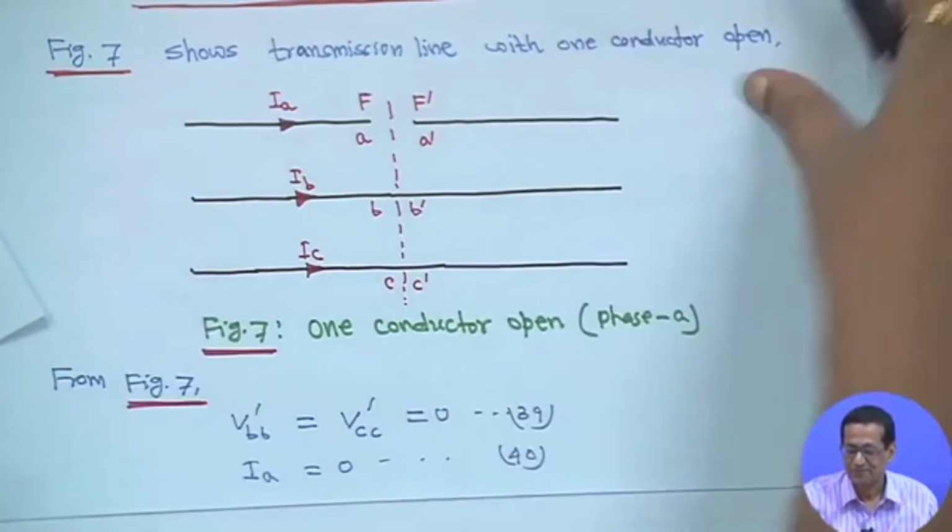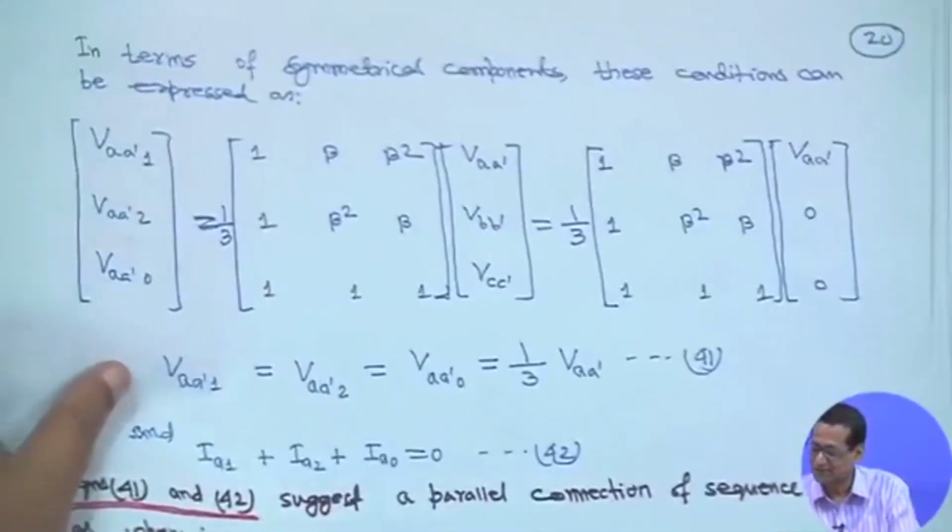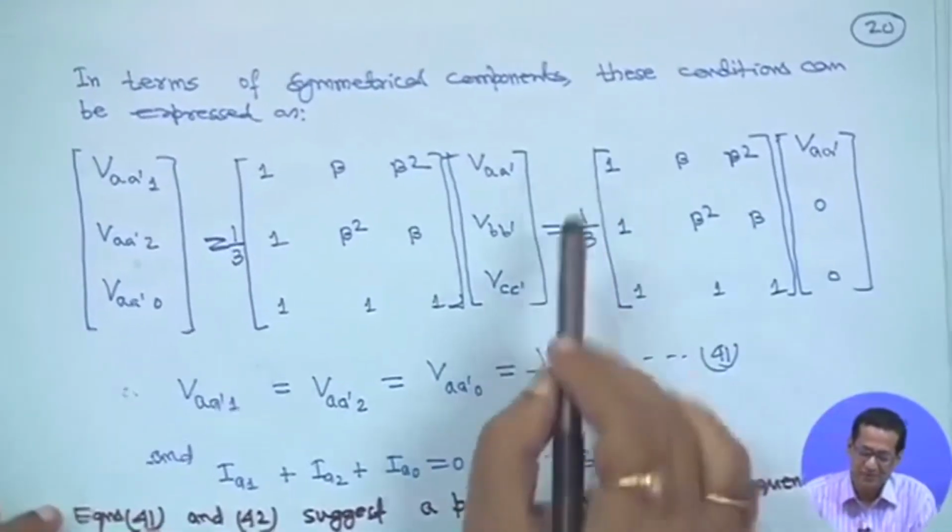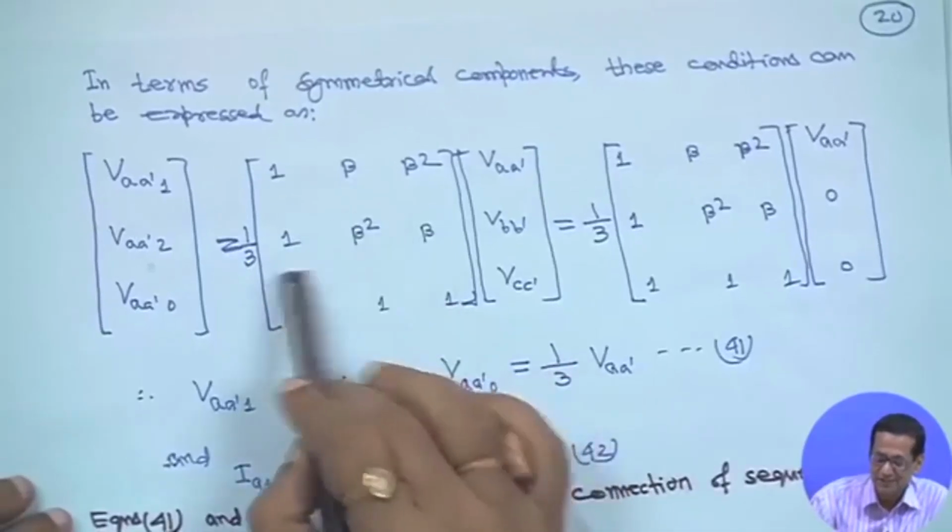Now, if you put this in symmetrical components, we can write it like this, an equation that is always known to you.